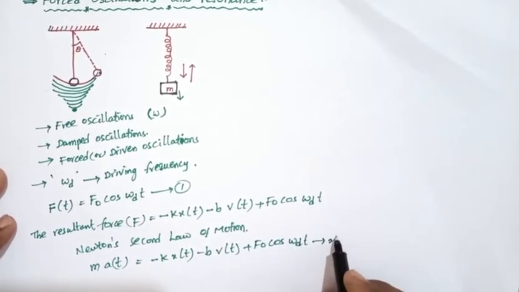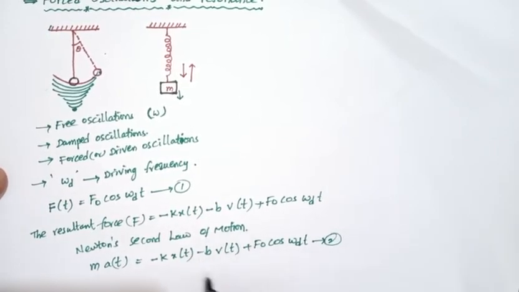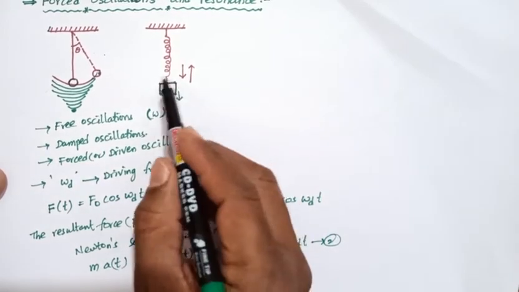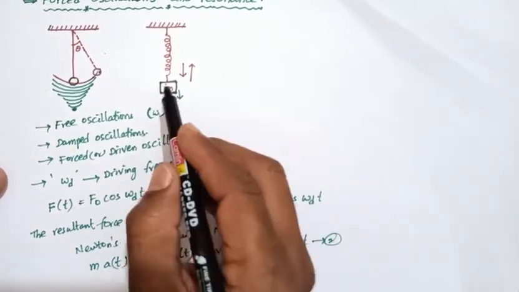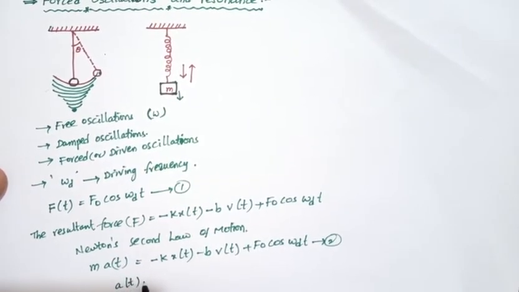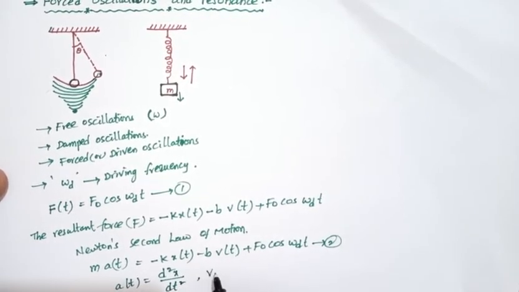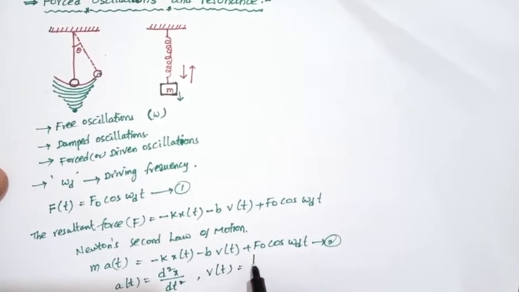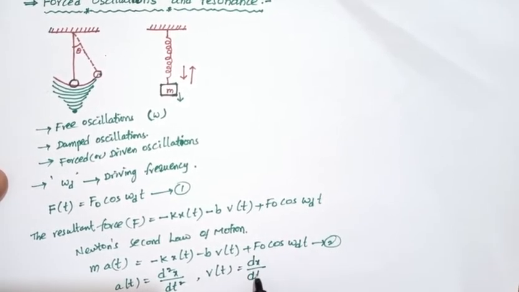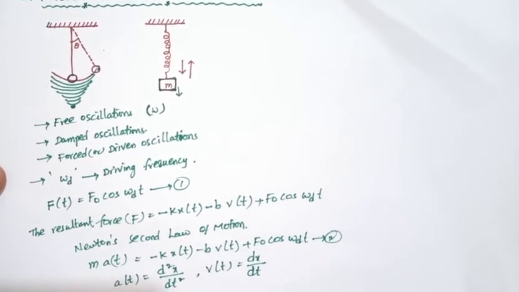So this is equation number 2. In equation number 2, v of t and a of t are the velocity and acceleration of this particular block. So a of t is written as d square x by dt square, and v of t is written as dx by dt. We can write these two terms in equation number 2.